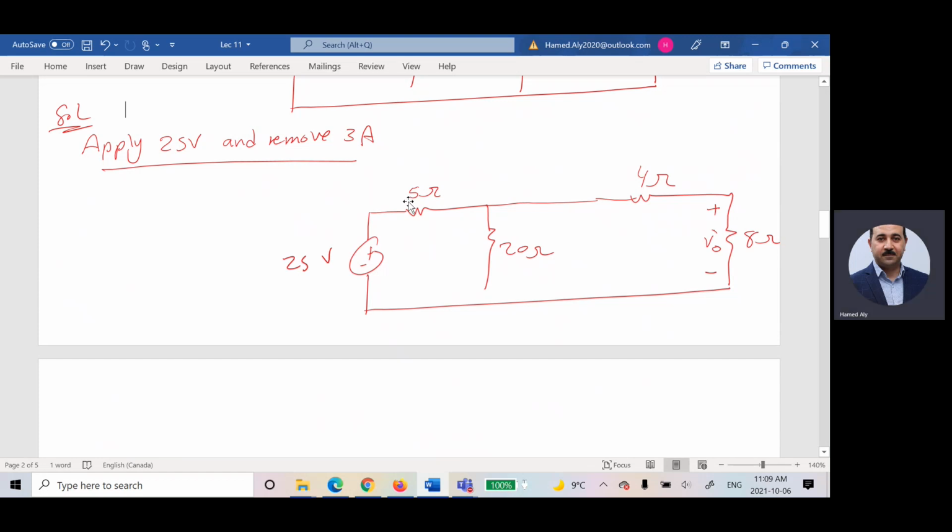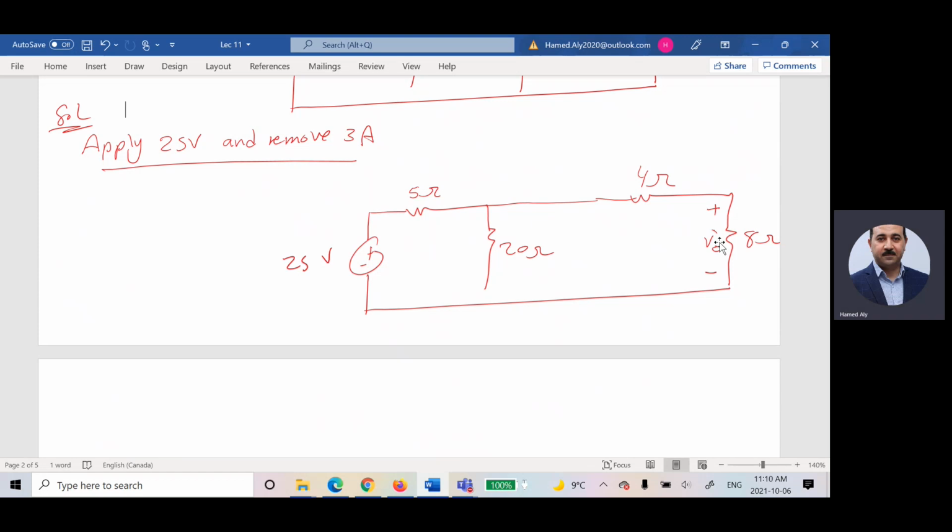Then I can calculate R total, and 25 over R total will give me this current. Like what my friend said, if you would like to find the voltage here, you have to use the current divider for finding the current in this guy, which is equal to I total multiplied by 20 divided by 20 plus this resistor. Once you calculate the current in this guy, you can calculate the voltage.